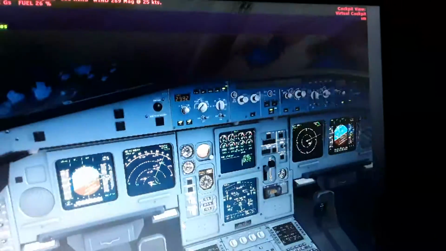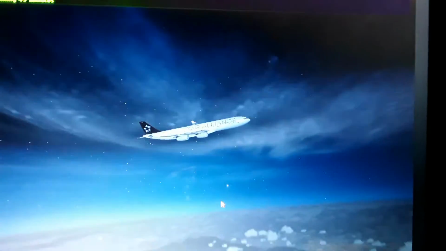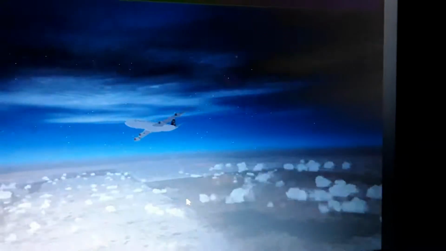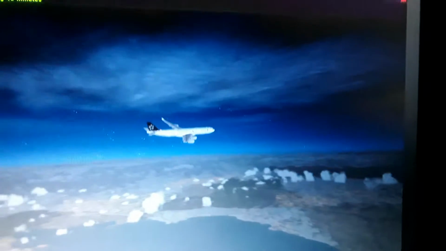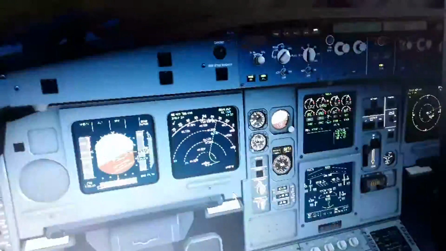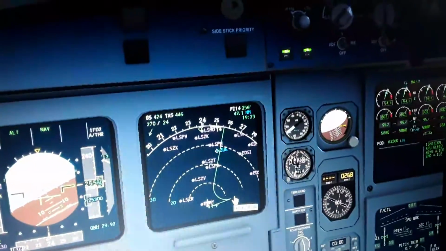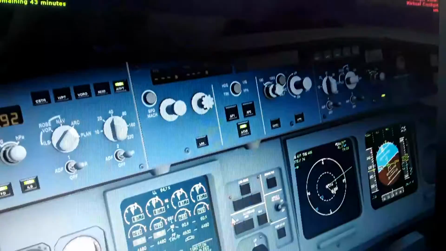We're 44 nautical miles away from the airport. We're at flight level 350, 35,000 feet right now. So I'm gonna start descending, maybe. Make it faster for the landing.